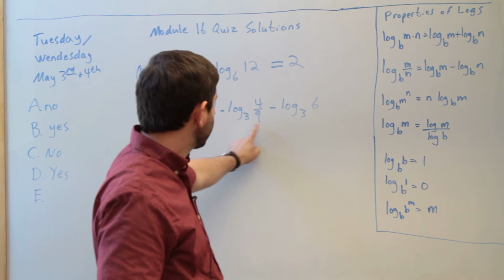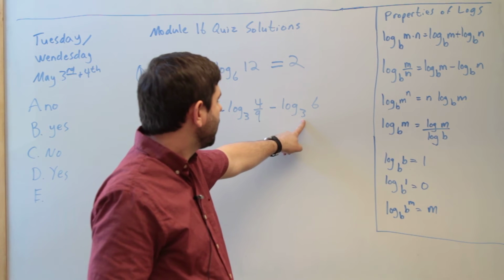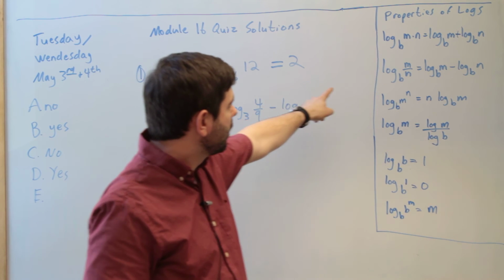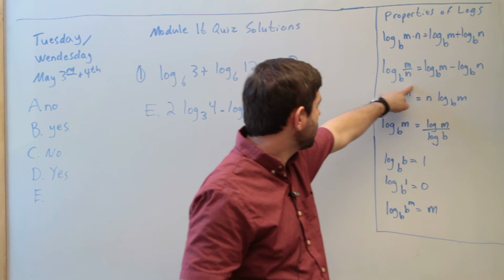These all have the same bases, so that's good. And these involve subtraction, so that is going to be our quotient rule.